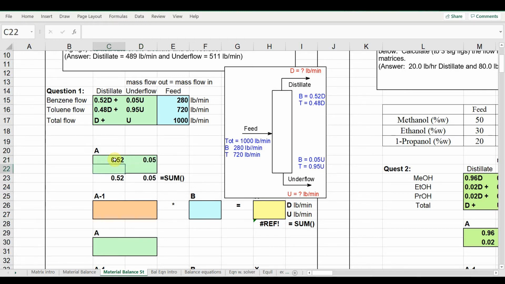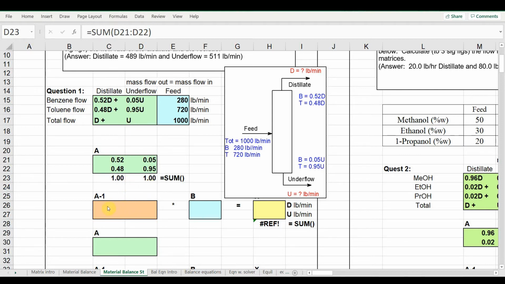For the second equation, 0.48 and 0.95. Now I put a sum function here just as a check. The sum of the coefficients of the distillate flow should equal 1. The sum of the coefficients of the underflow should equal 1, and in fact they are.